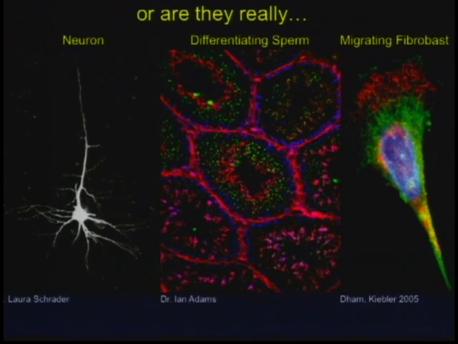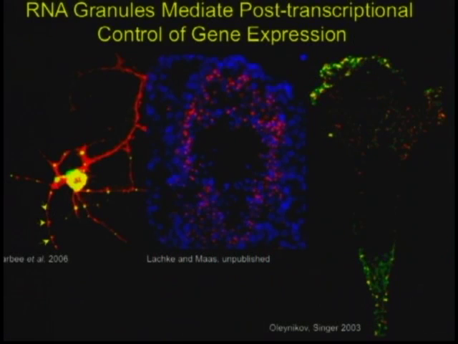And when we talk about polarized cells, then we have examples of migrating fibroblasts, where cells do have polarized ends towards where they are migrating. And all of these cell types are united by a subcellular component called the RNA granule. And it has different names in different cell types.